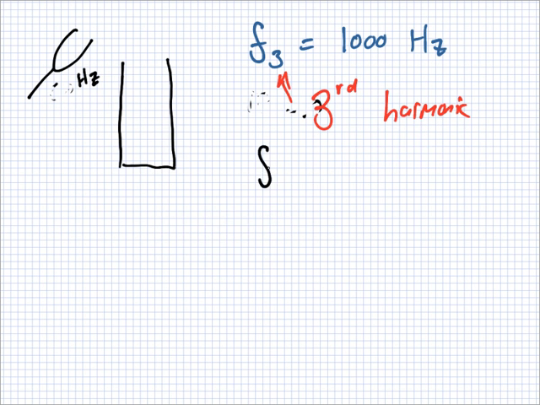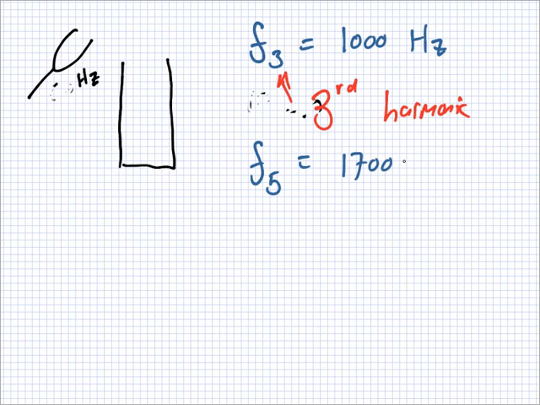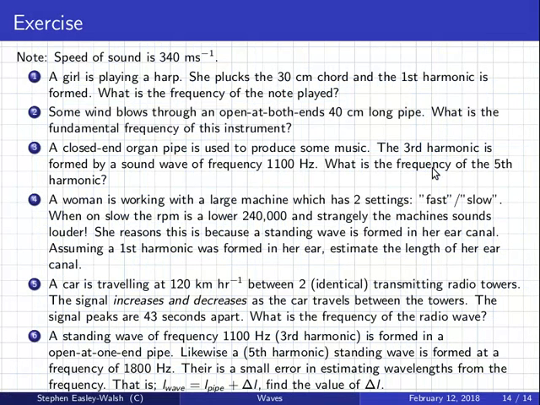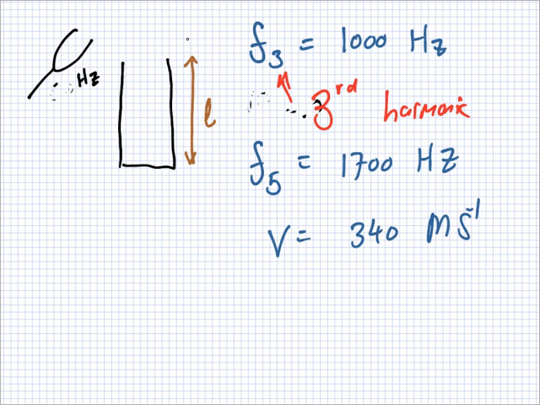And then here, the fifth harmonic, we'll say 1700. And also for this question, instead of asking you for the speed, I'll give you the speed. So the speed of the sound wave is 340 meters per second. So what I want to know is what is the length, but also what is the error here.